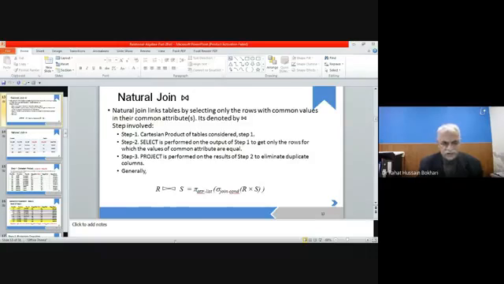So the general form is: natural join of R and S is equal to, in the very beginning, the Cartesian product R and S, then we get the filtered records where we give the condition for the join, and at the end we project the attributes, keeping only one copy of the common ones.